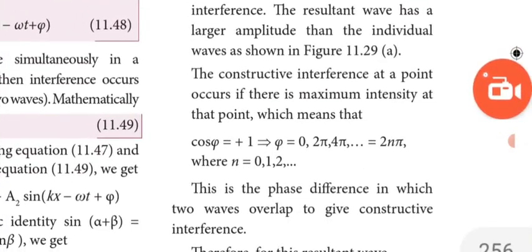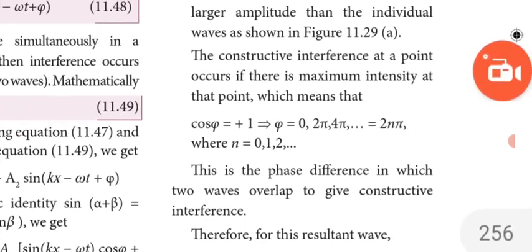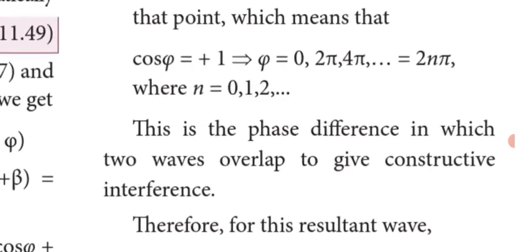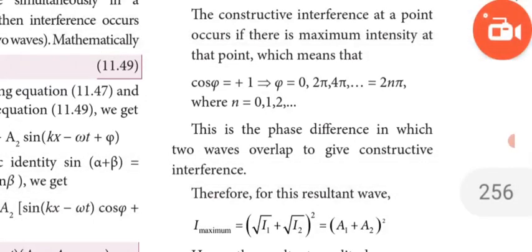Constructive interference occurs at a point if there is maximum intensity there, which means cos phi is equal to plus 1, that is phi is equal to 0, 2 pi, 4 pi, up to 2n pi, where n is 0, 1, 2, and so on.